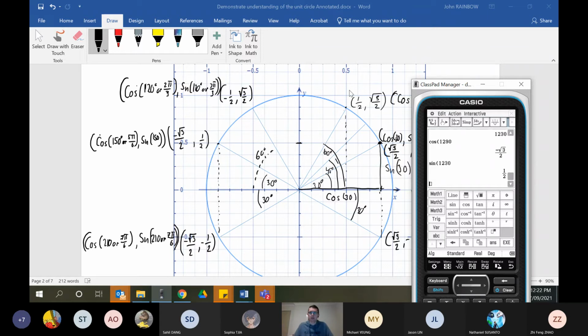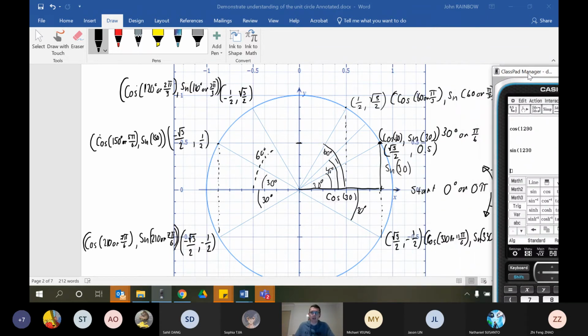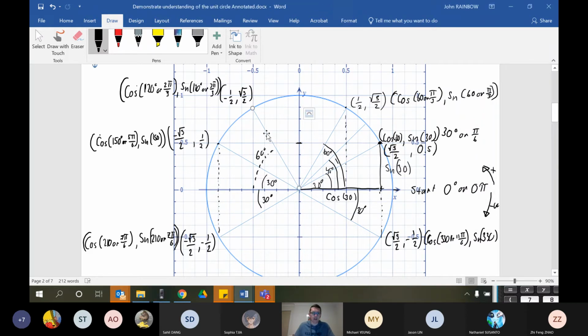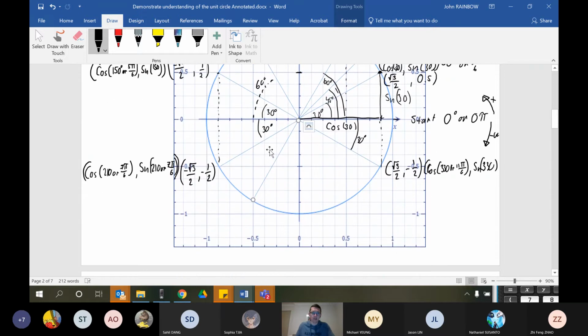So really all we need to do now is just calculate the rest of these values. We can look at the 60 degree one, which we haven't done. If we take a 60 degree triangle, I always use half, we know it's going to be halfway along here. So from there to there is going to be 60 degrees.